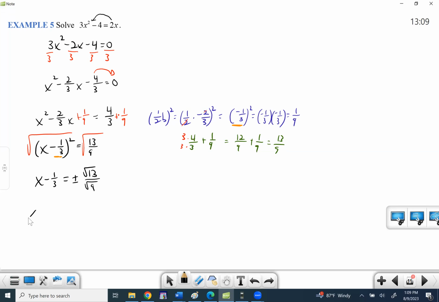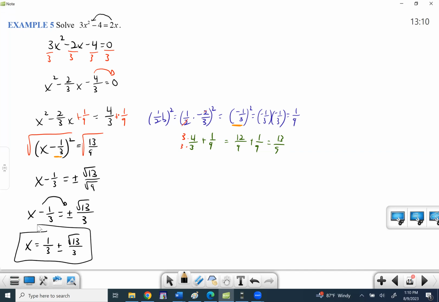So I don't need to rationalize the denominator in the way that we just did. It'll automatically become a rational number because the square root of 9 is 3. Boom, done. I don't have to do all that work I just did. Thank goodness. Okay. So we had a positive 1/3. There we go. There's our 2 answers.